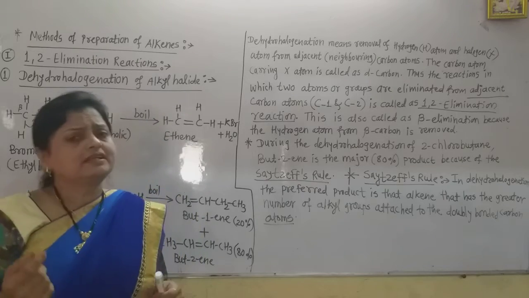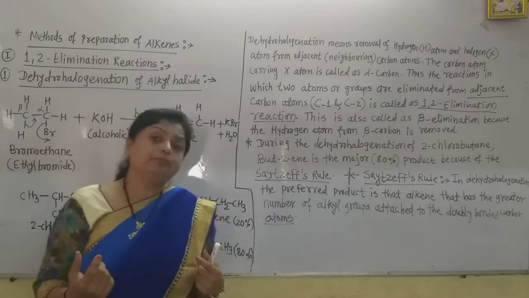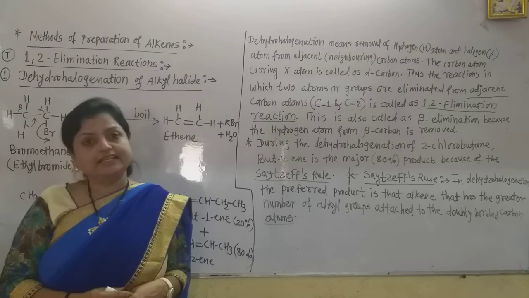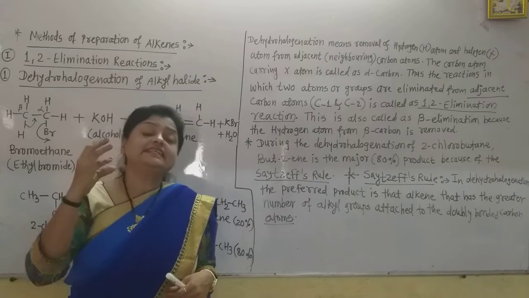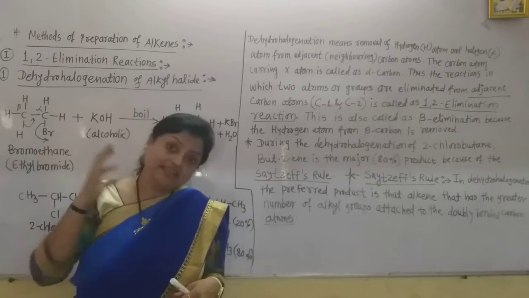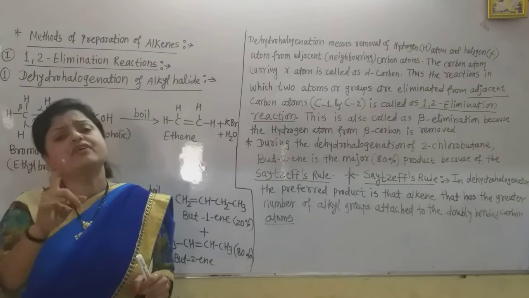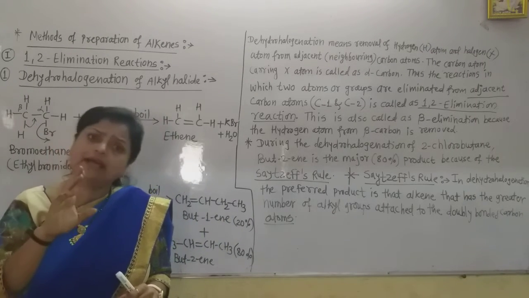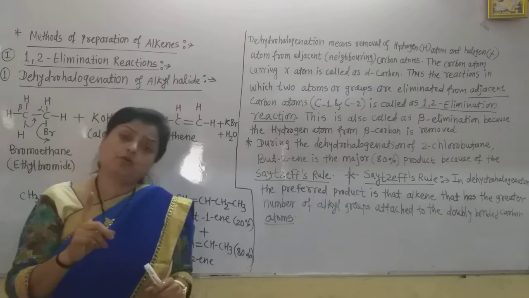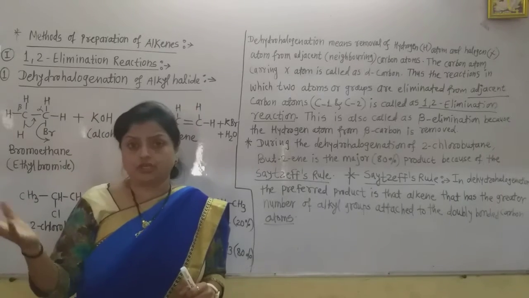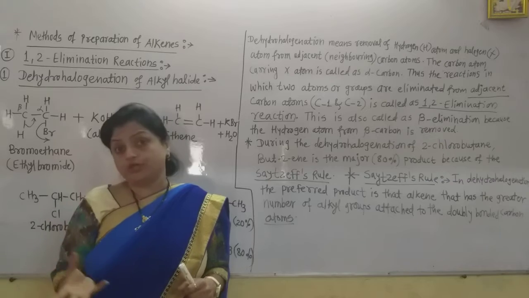Now we know that CH3Br, methyl bromide, is an alkyl halide. CH3CH2Cl, ethyl chloride, is also an alkyl halide. Only replace one hydrogen atom of the alkane by any halogen: chlorine, bromine, iodine.